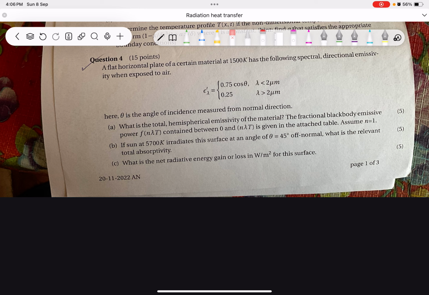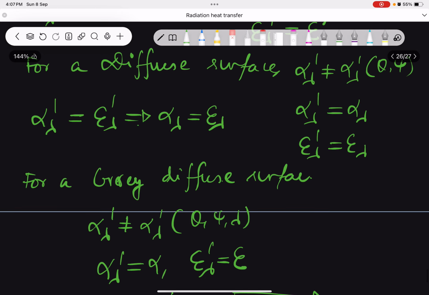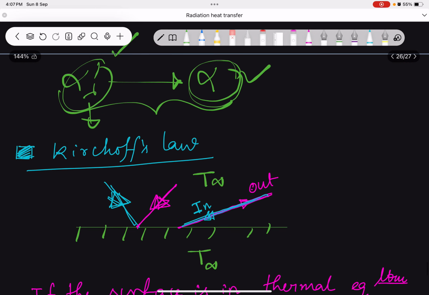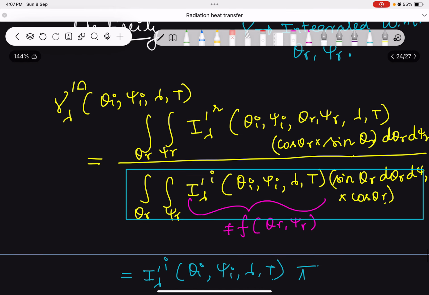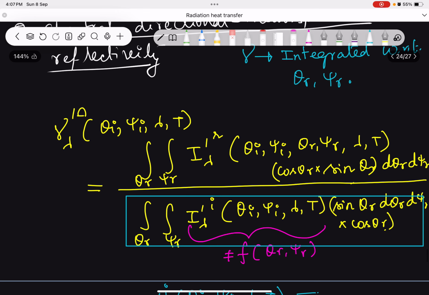In the previous video we talked about surface properties like emissivity, reflectivity, absorptivity, transmissivity and all those things. I have also shown you how to build a correlation between the spectral hemispherical property.